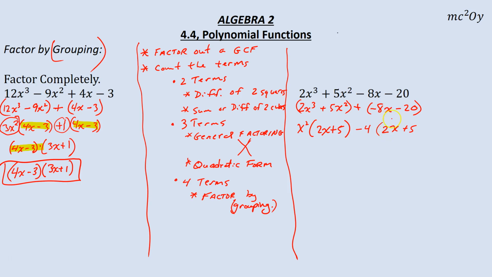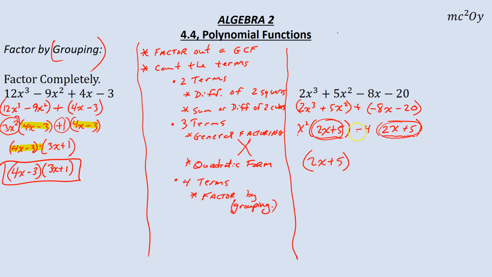2. Okay. Now notice, whenever you have a negative in here with your front term, you take the negative out, and that's what we did here. Okay? So notice, you always want to get the same parenthesis set. So these things are the same. That is your greatest common factor. So 2x plus 5 is the greatest common factor.